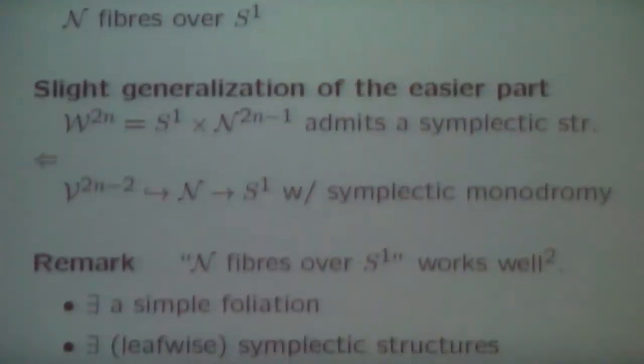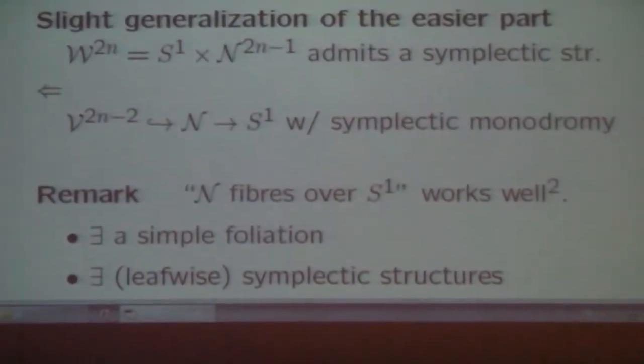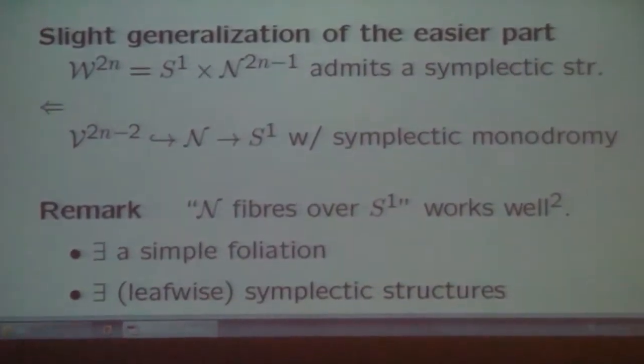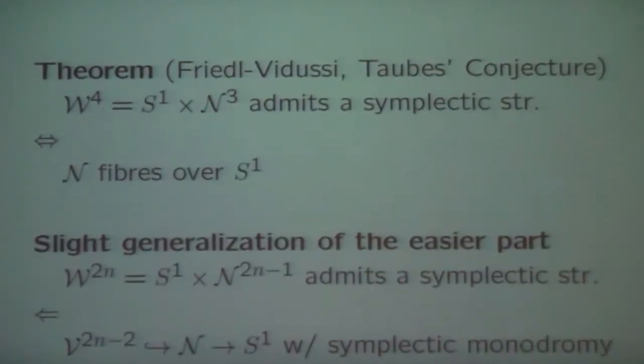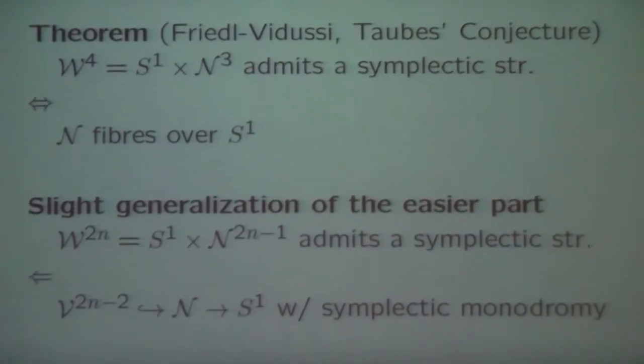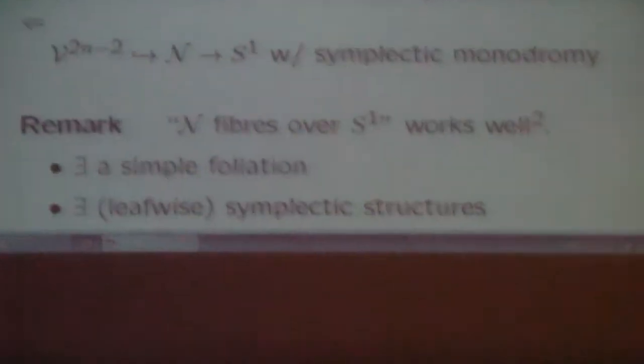That is what we use already. Namely, if it fibers over the circle, then you have a fiber which is a surface, and any monodromy is realized as an area preserving diffeomorphism. So take that one. In our case, that is d zeta n.